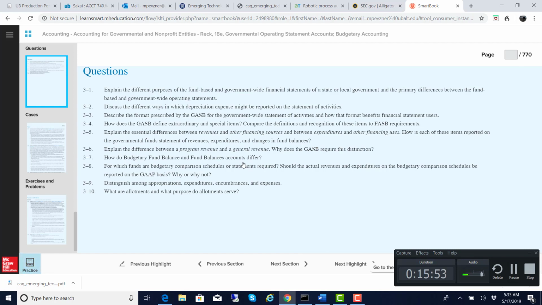How do budgetary fund balance and fund balance accounts differ? So now we're into budgeting a little bit, budgetary accounting. Of course, budgetary accounts, as you learned in the second part of the chapter, are temporary accounts, right?